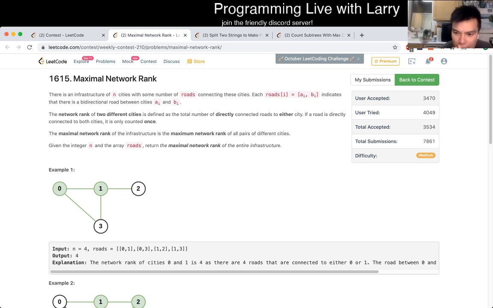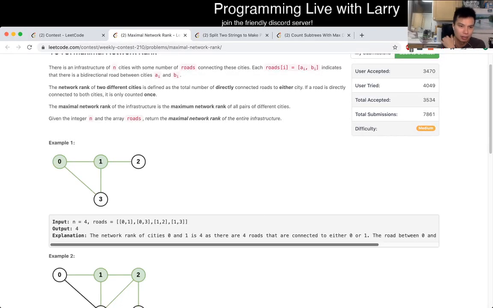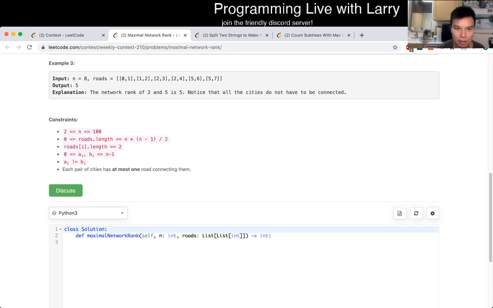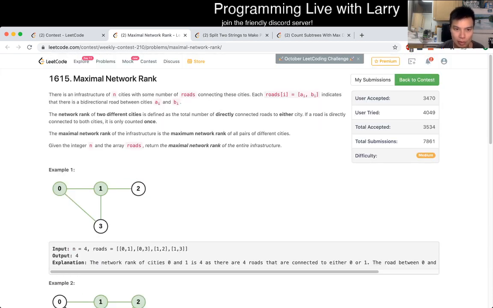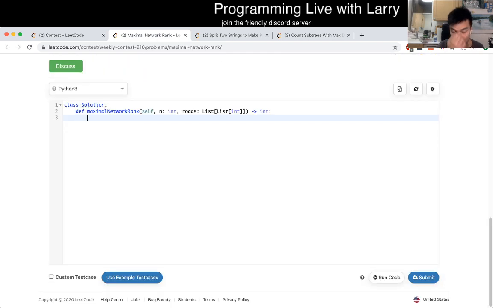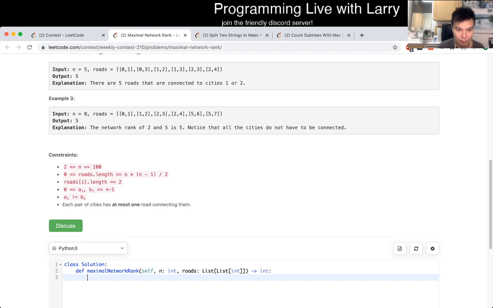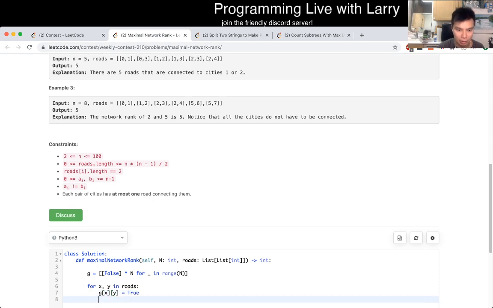Directly connected to each city. Oh, okay. So that is silly. So we could do n cube, right? So I think I took too long to read this, to be honest. But okay. It's bidirectional.